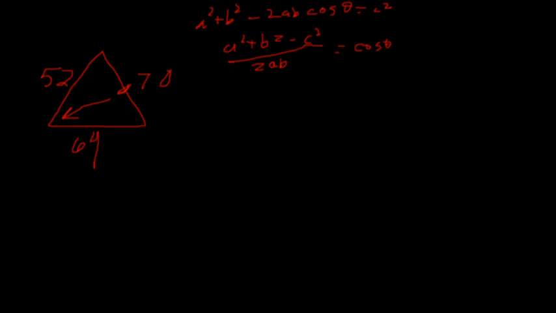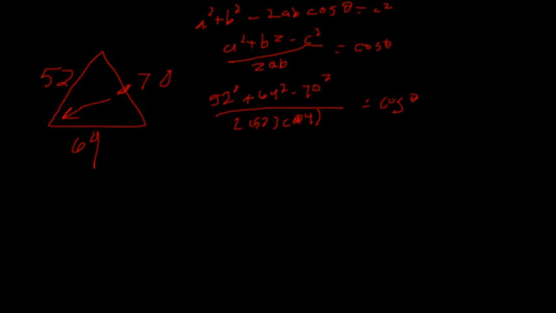So now I'll just substitute. 52 squared plus 64 squared minus 70 squared, divided by 2 times 52 times 64, equals cosine theta.